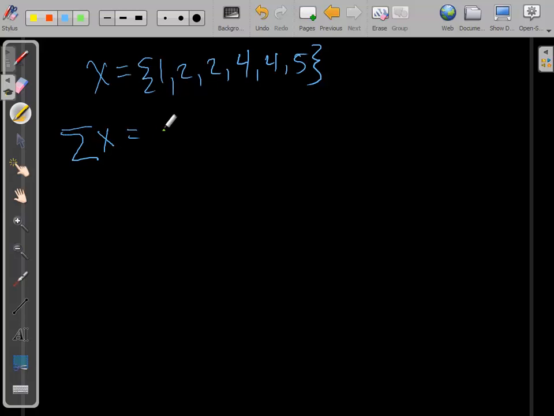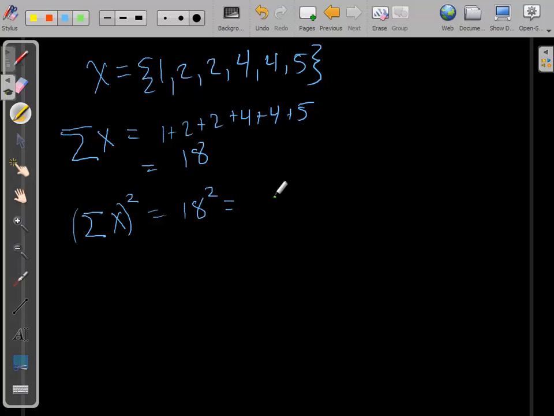That's going to be 1 plus 2, and so forth. We did this computation already, we got 18. Next thing we're going to do is square that. So the sum of the x's, squared, which is 18 squared, and if I remember correctly, this is 324. I'm pretty sure. Double check that.